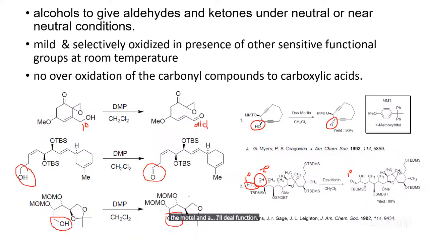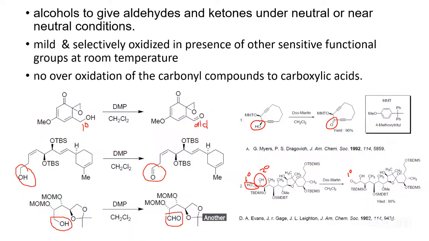Now look at some research articles published in which this Dess-Martin reagent is used. This is a secondary alcohol, and the secondary alcohol is converted to the ketone. The article was published in the Journal of the American Chemical Society in 1992, where Dess-Martin reagent was used for the oxidation.